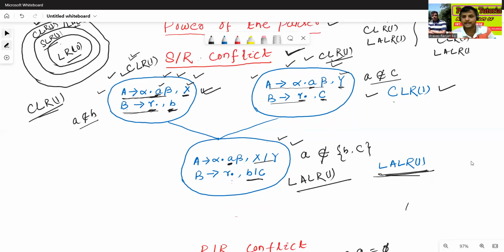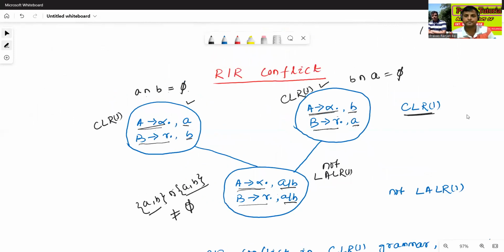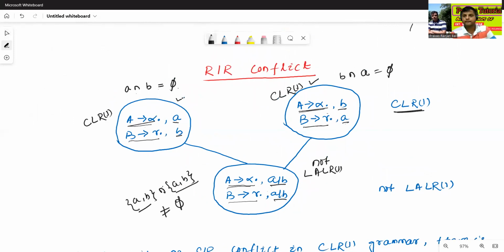But in RR conflict, even though there is no RR conflict in CLR1, there may be a chance of RR conflict in LALR1.